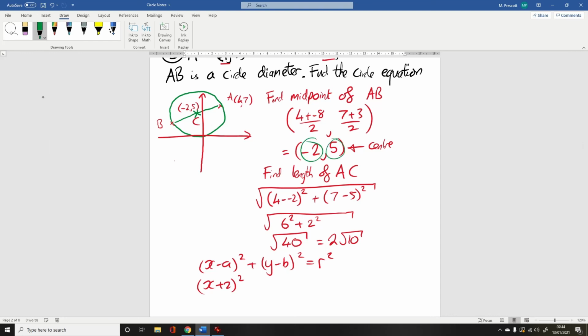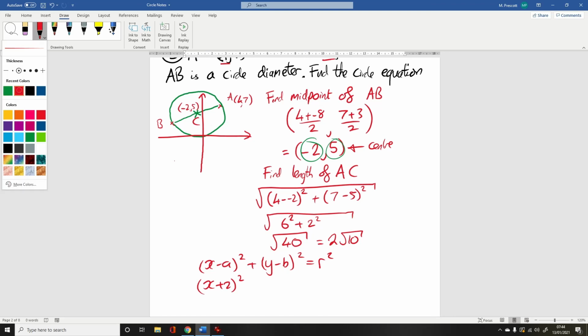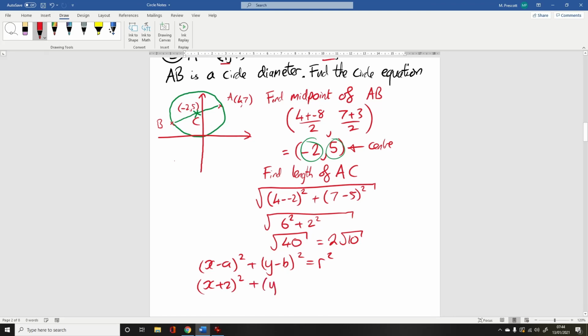And our b would be 5, so we can say plus (y - 5) squared. And then our radius, well that's r, but we want r squared, and if we square that we'll get 40 because it was the square root of 40. And that's it. That's our circle equation.